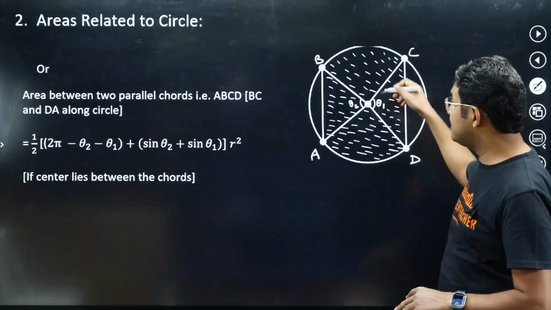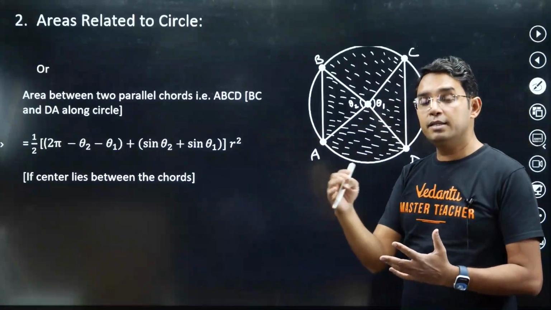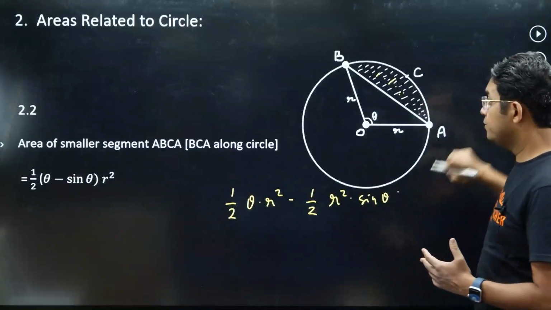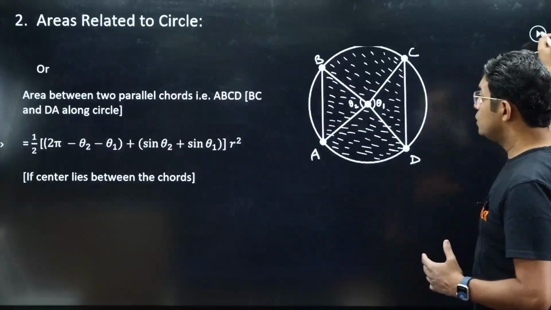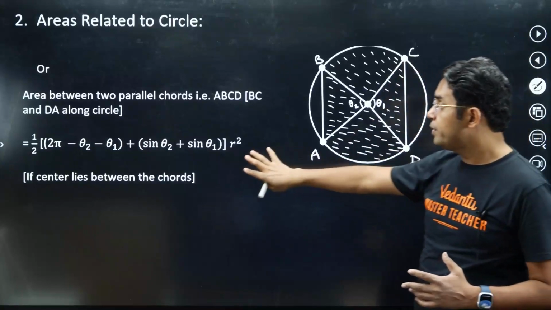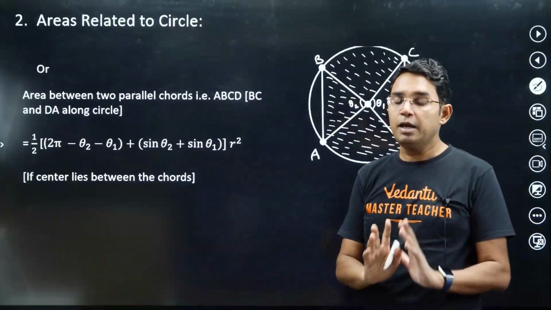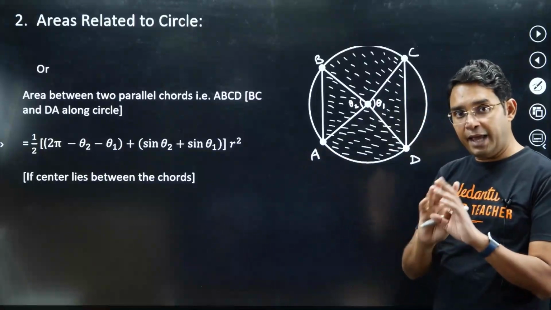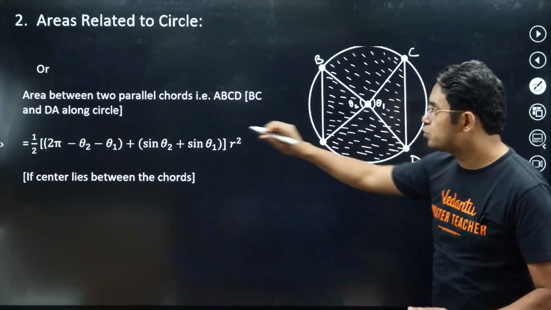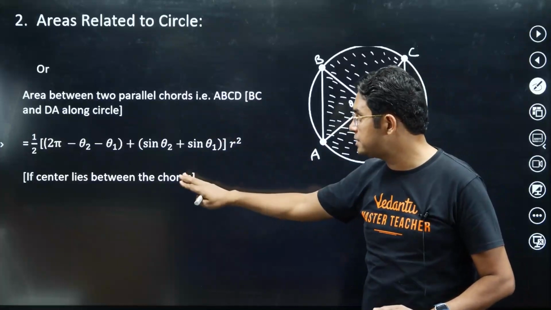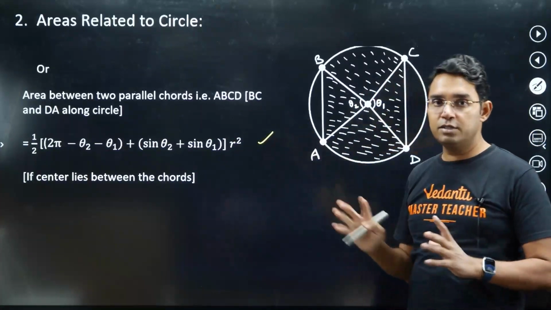If your center is lying in between, then again I recommend you use the result I told you here, theta minus sin theta into r square by 2, to find this area. Although this is very direct and you can remember this result if you wish, if there is any confusion, go to the previous result and derive these things. In this case it is 2 pi minus theta 2 minus theta 1 plus sin theta 2 plus sin theta 1, into r square. You can check these results also.